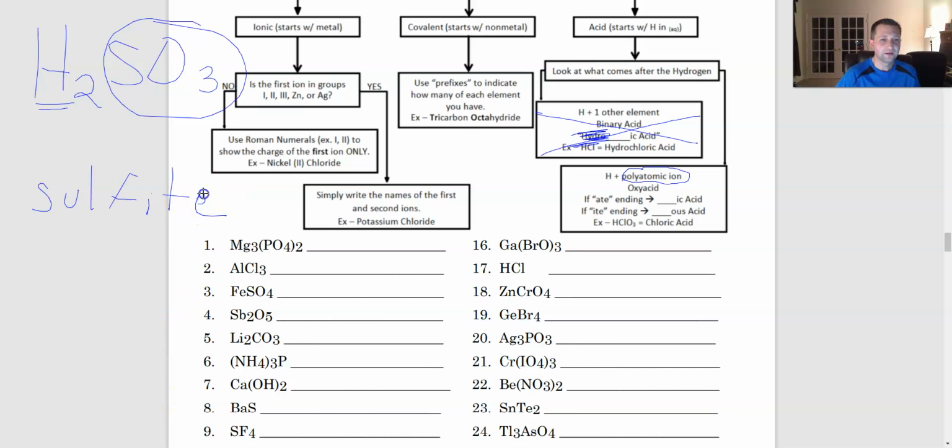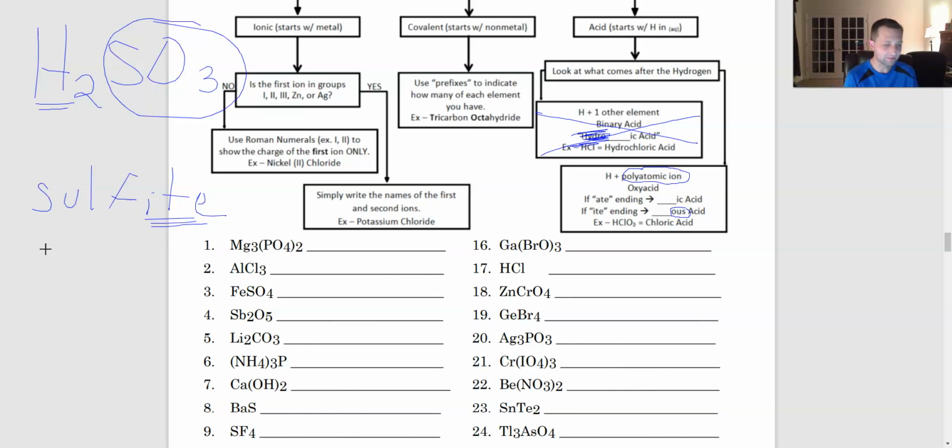Okay. So you take your ITE ending in sulfite, and just change it to an OUS ending. Okay. This one's a little weird. That's why I picked it, because it's not sulfus, right? You got to fancy it up a little bit. It's sulfurous. Okay. So that would be sulfurous acid. That's it. It's not hydrosulfurous.